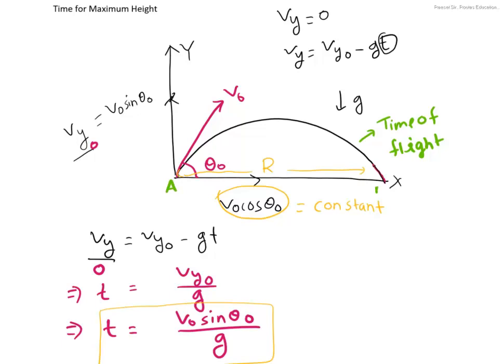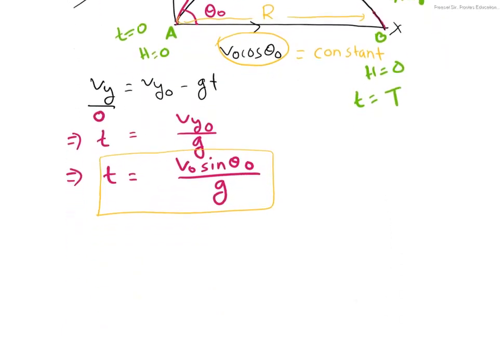We can see that at points A and B, the height is 0. The height is 0 at time 0 seconds, and the other time would be the time of flight. After the time of flight, the projectile hits the ground and stops at point B. So our assumption is that the height would be 0 after the time of flight.